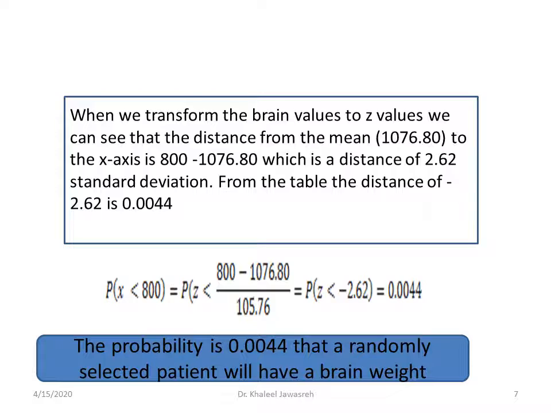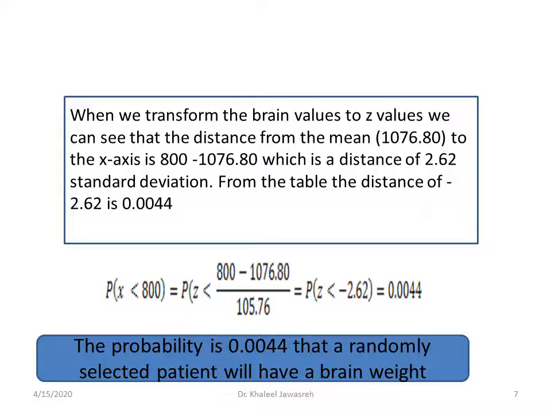This will yield 2.62, but it's negative, as we indicated in the curve, that this 800 is below the overall mean of the whole population, because it is 800 and the overall mean is 1076.8, and it will yield minus 2.62.